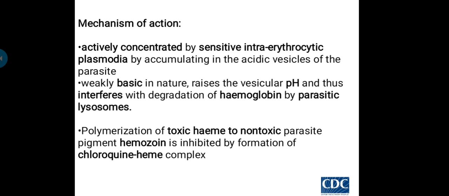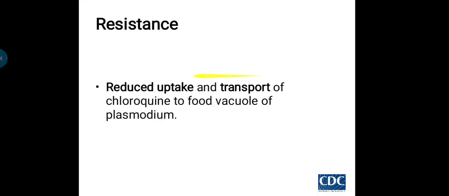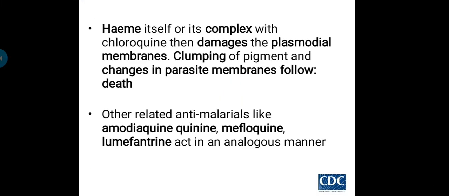As chloroquine is given, it increases the vesicular pH as well as forms a complex with heme. The chloroquine-heme complex prevents the heme to hemozoin conversion, and thus parasites do not survive because of the absence of hemozoin. And heme itself, or its complex with chloroquine, then damages the plasmodial membrane. So heme is toxic to the Plasmodium, and since hemozoin formation is blocked, the heme and the heme-chloroquine complex damage the plasmodial membrane.